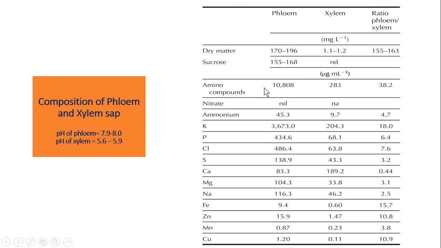Of course, overall, the dry matter of phloem is also more than the xylem. Then the amino acid concentration you can see here, 10,808 microgram per liter, which is very low in the xylem sap.